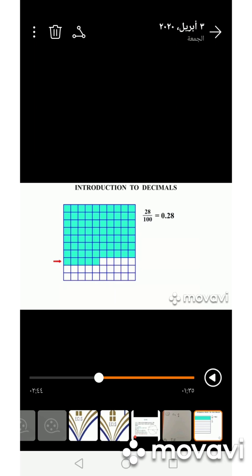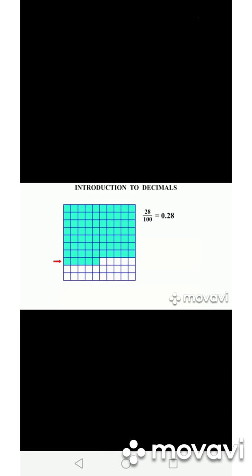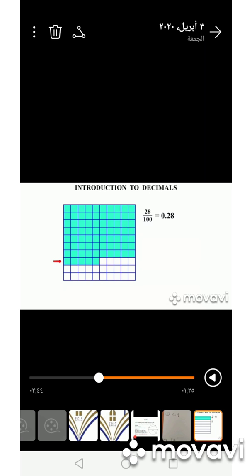So we have now 5 squares more than 70. So the total shaded squares are 75 out of 100. So our fraction now equals 75 hundredths. We want to rename it now as a decimal. So it will be 0.75, or 75 hundredths.